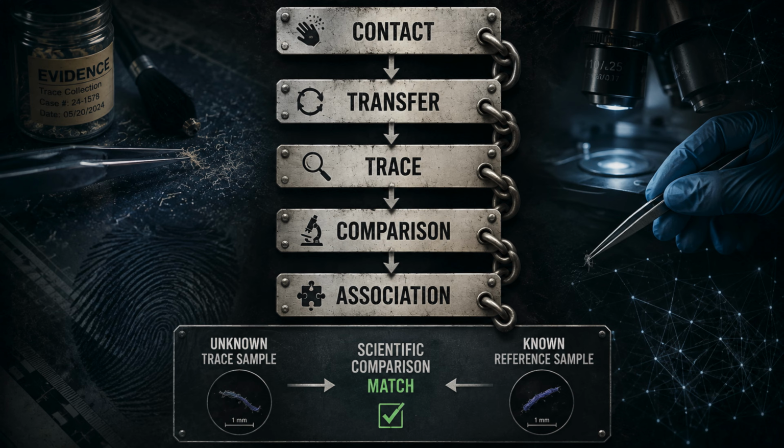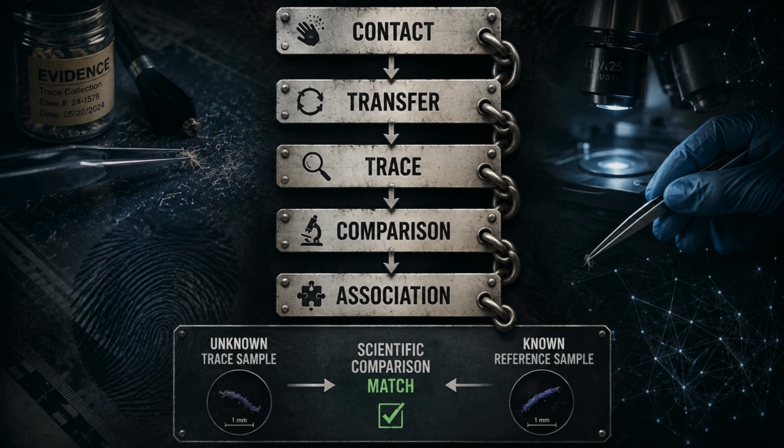Point 8. Interpretation must consider possible transfer mechanisms and alternative explanations. Point 9. Proper collection, preservation, and contamination control are extremely important. And finally, small does not mean unimportant. Sometimes the smallest clue can help answer one of the biggest questions in a criminal investigation: what happened here?